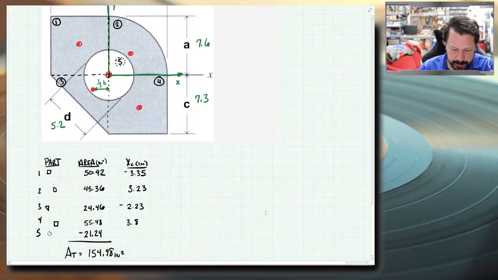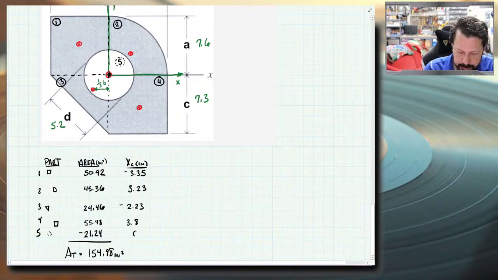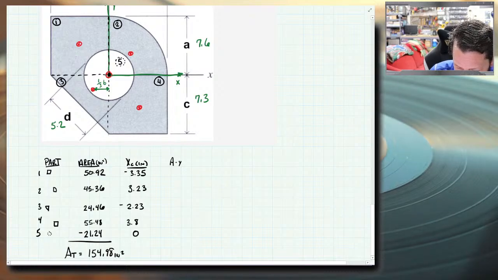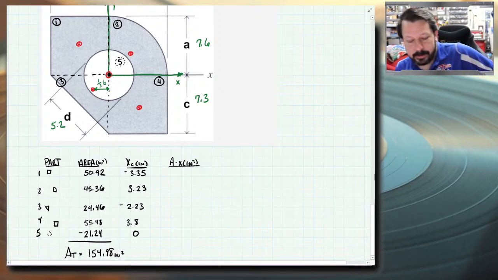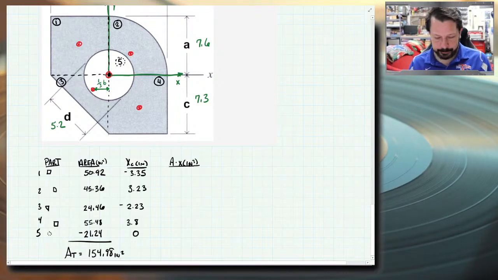And this one, the center of this circle is right on top of the origin, so it's 0. So now I should have enough information to do A times x, where I multiply all of these individual areas by the corresponding x coordinate of the centroid of that area.